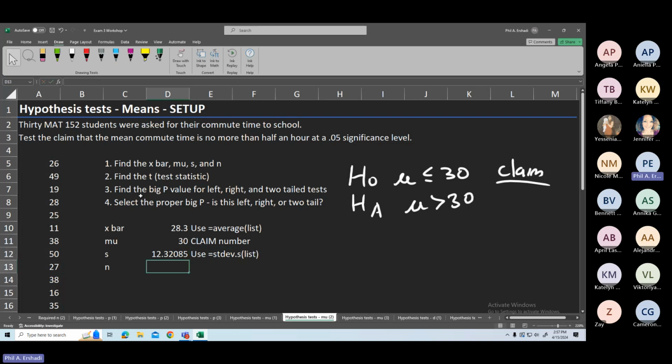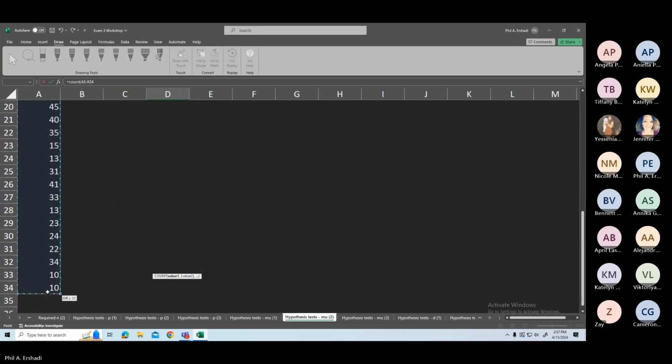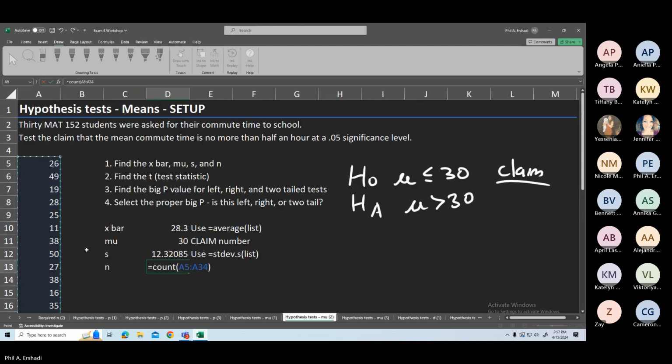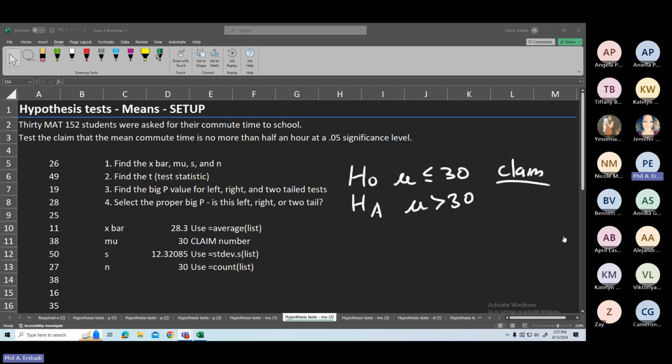And then for n, let me show you a little trick here. You can say equals count of the list. All right, make sure I didn't miss anything. Yep, very good, everybody.